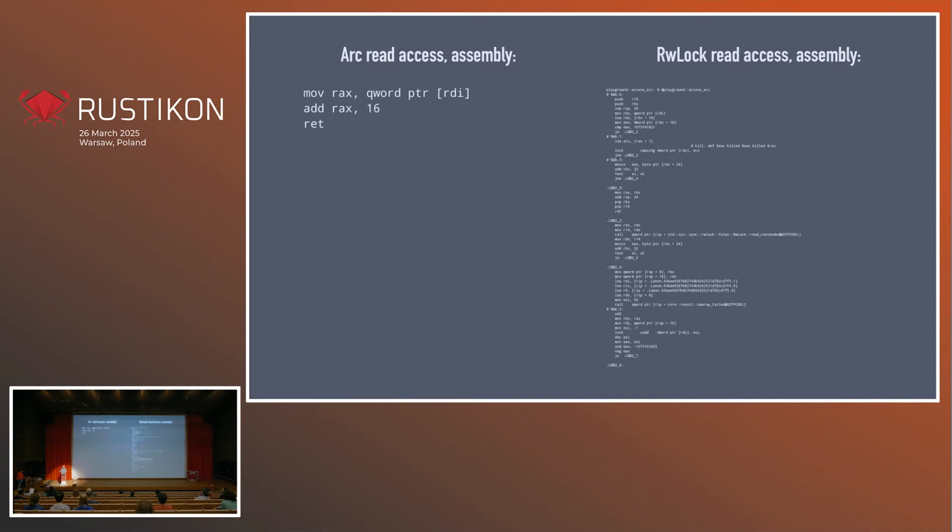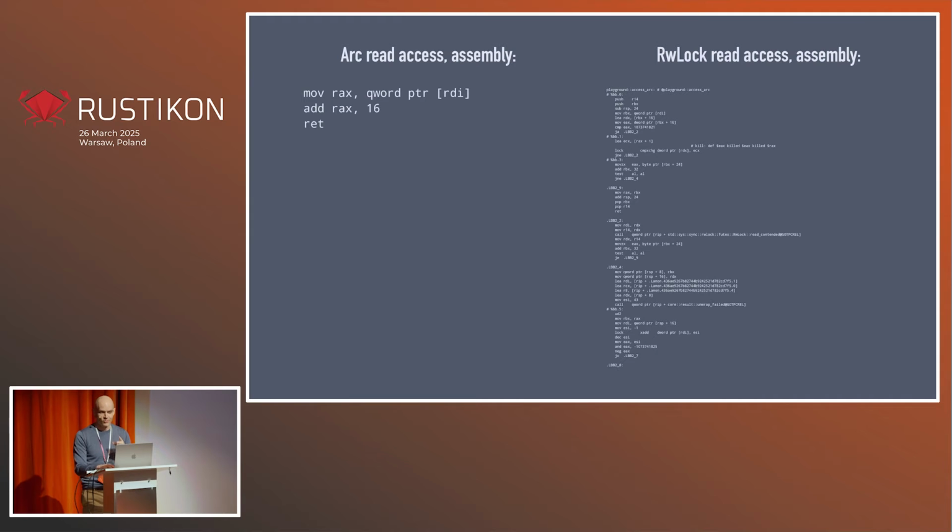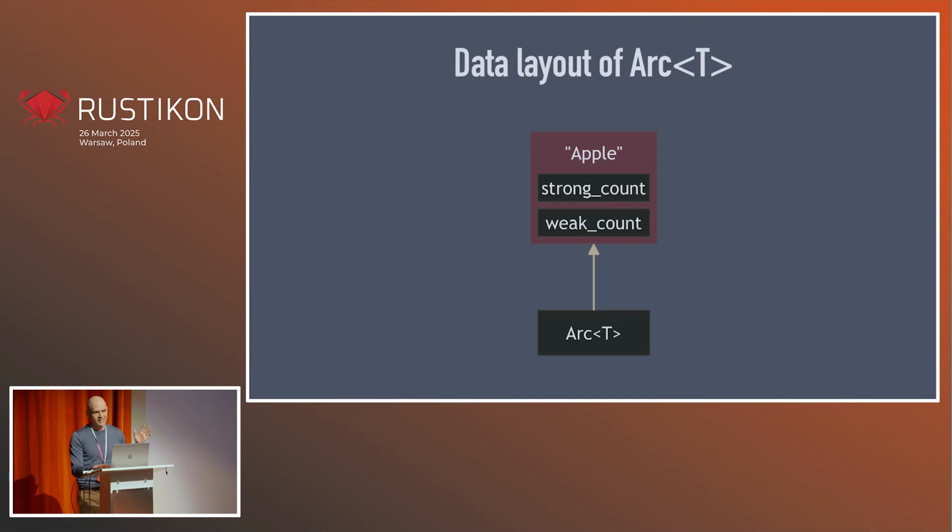But crucially, there's an atomic write in the RwLock case. So to read memory using an RwLock, you actually need to write to memory, because each reader must increment a reference counter so that subsequent writers know that they have to wait until the reader is done. And this turns out to be quite costly from a performance perspective, as we will see later in this talk.